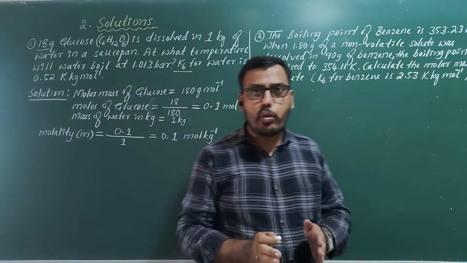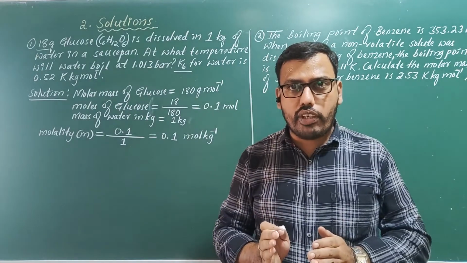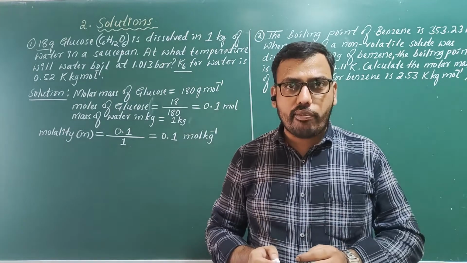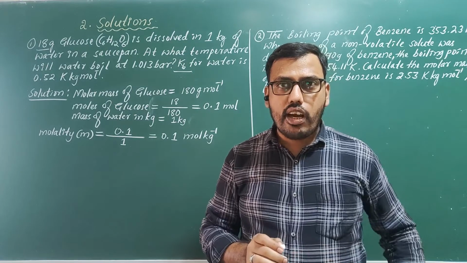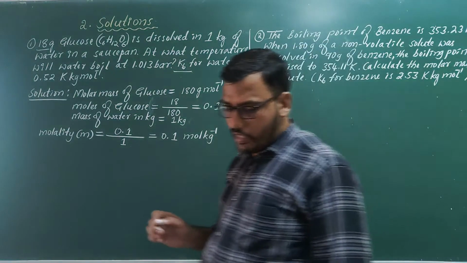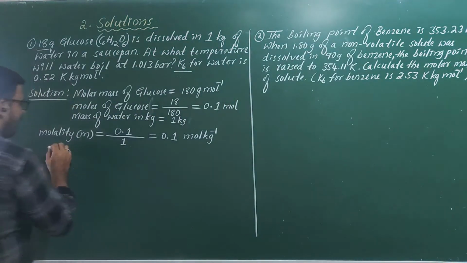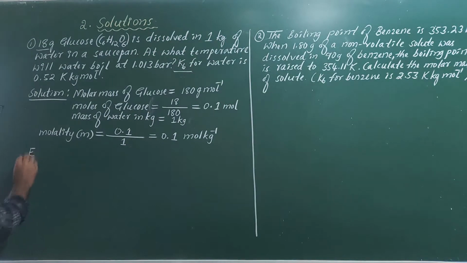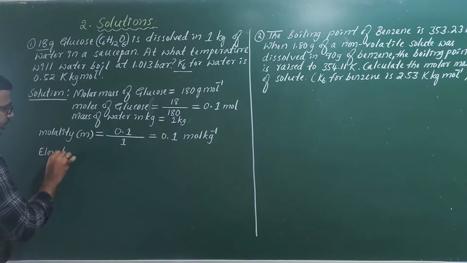So now we have calculated small m, molality. Now I will calculate the delta TB value. Delta TB is nothing but the elevation of boiling point.